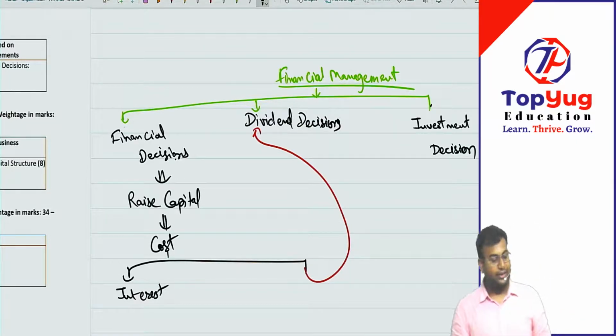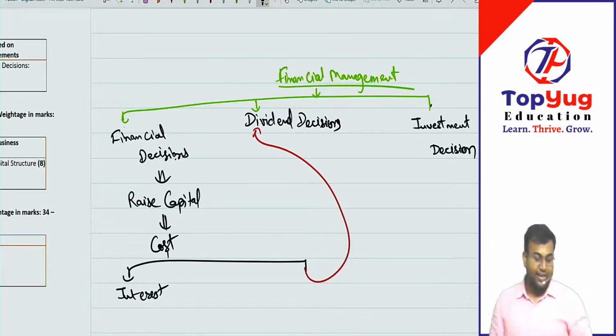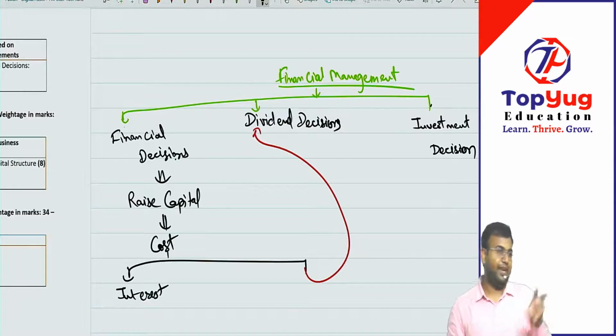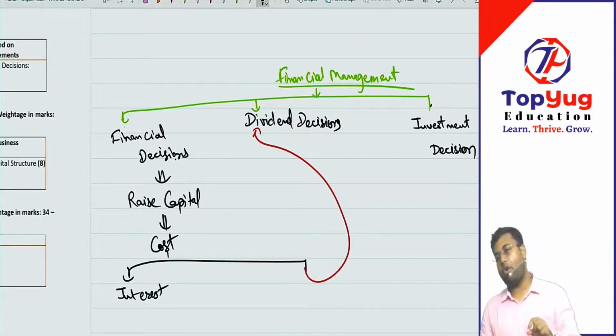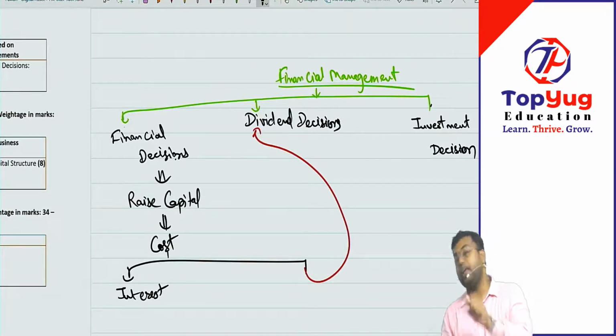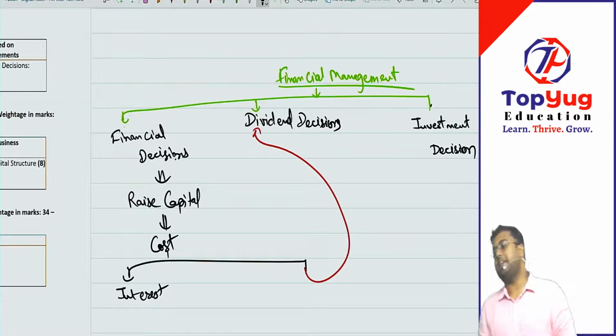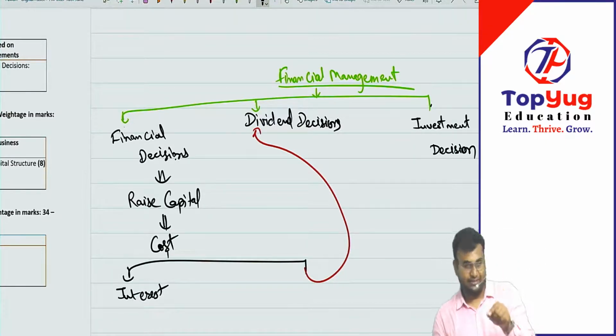Okay, right. So basically, financial management is divided into three topics: financial decisions, dividend decisions, and investment decisions. Financial decisions are about the cost associated with raising capital, and one of the costs is also profit paid to the shareholders, and one of the prominent ways of making a payment to the shareholder is by dividends.